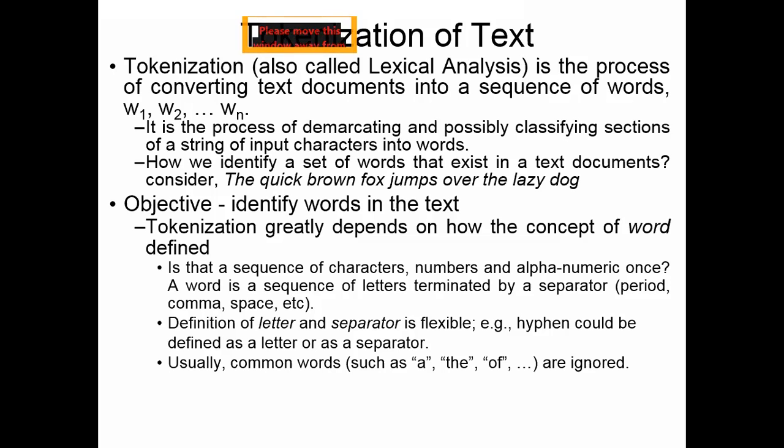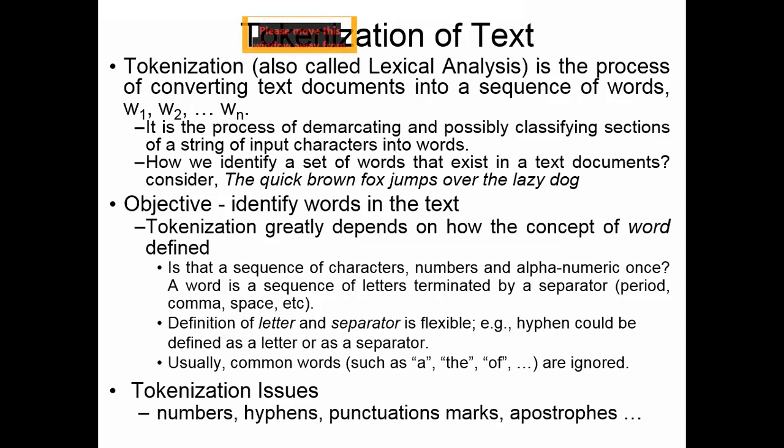So tokenization is the process of identifying words, as per the definition we have, from the sequence of words that are available in textual documents. But there are many issues in tokenization.